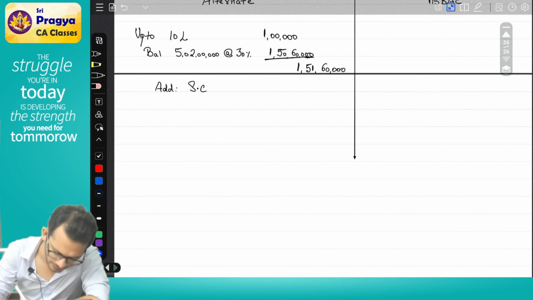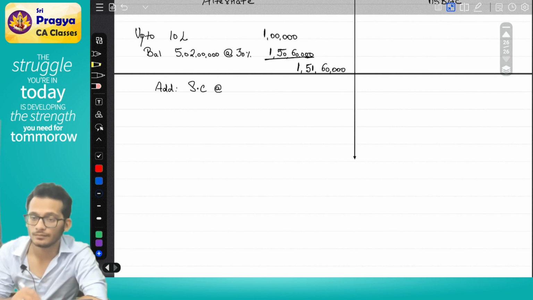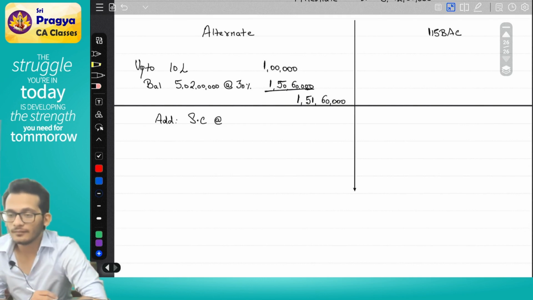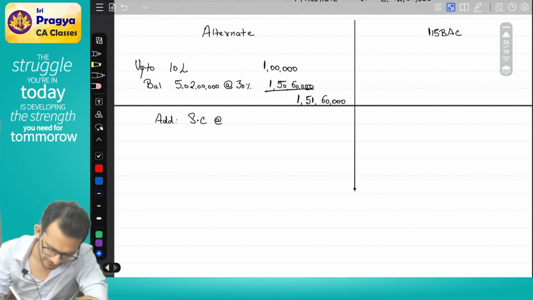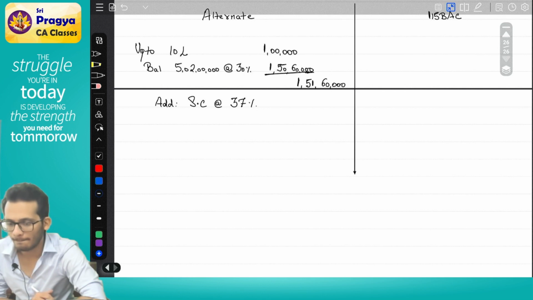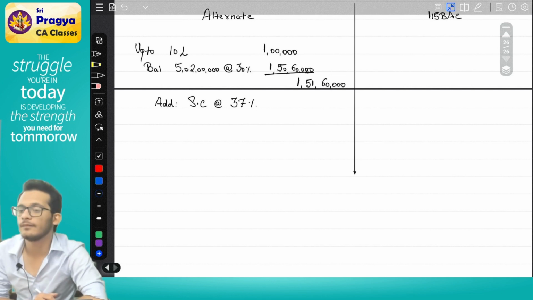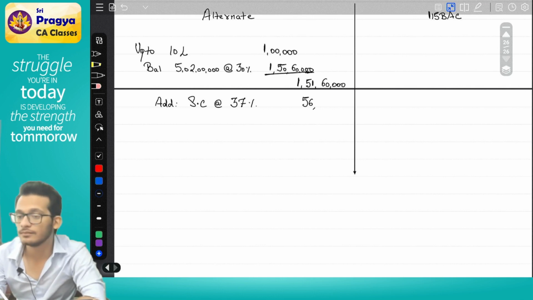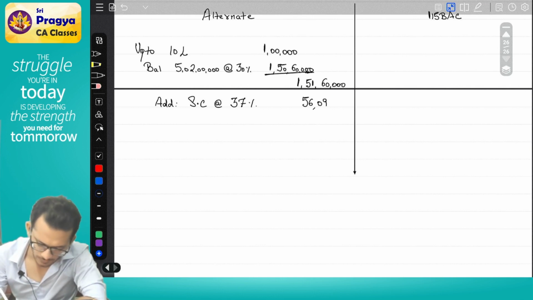Very good. We are in the alternate regime. Surcharge at the rate of 37%. 1 crore 51 lakh 60,000 into 37% is 56 lakh 9,200.